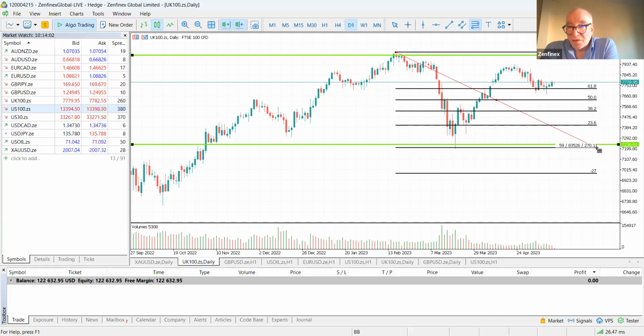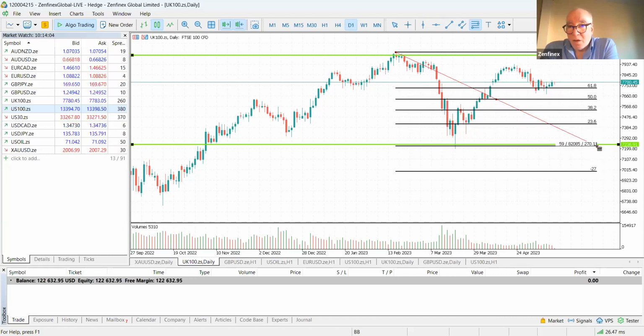So 0 line is here. So it broke through, gapped past the 618, came back to retest it, and it's holding.